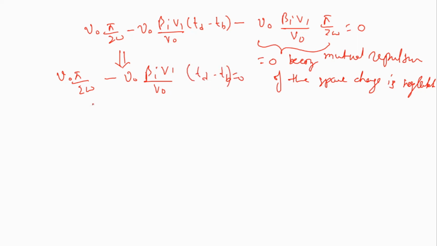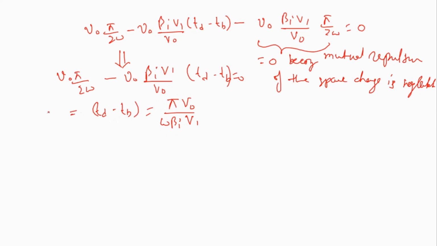So from this we can find TD minus TB is equal to, V0 will be outside and cancelled, so this can be written as pi V0 divided by omega beta I into V1. So we have TD minus TB. We can find this by using this term.